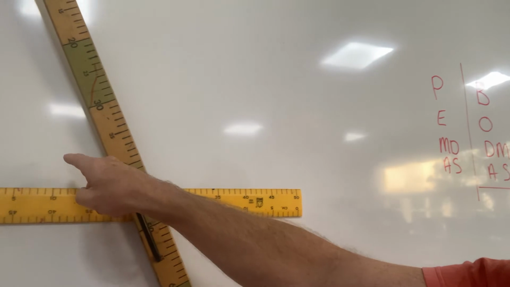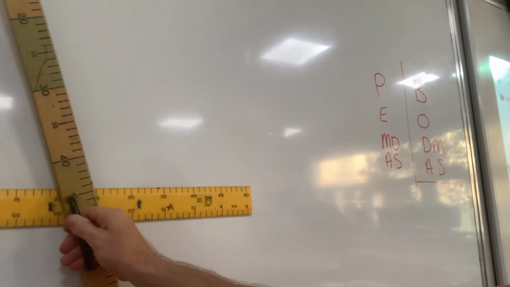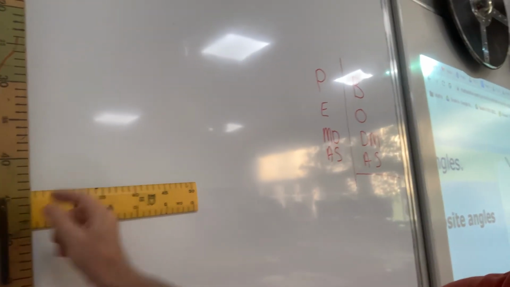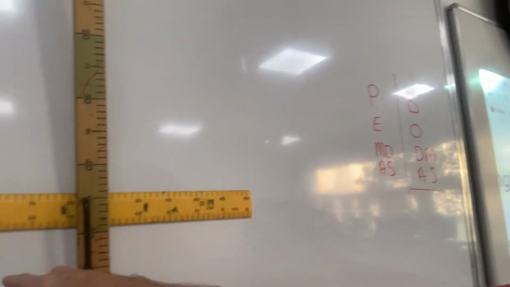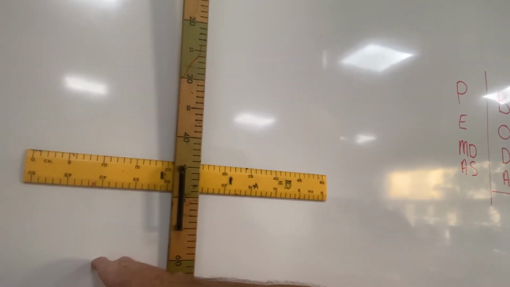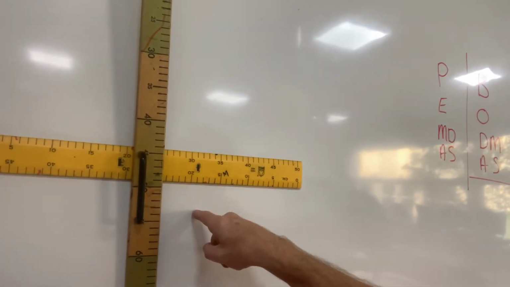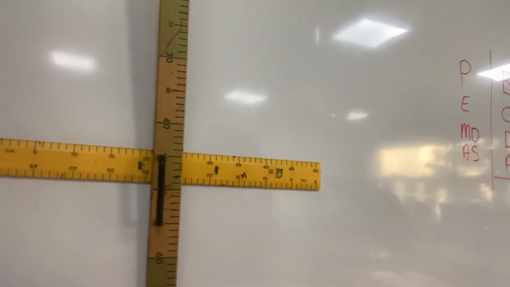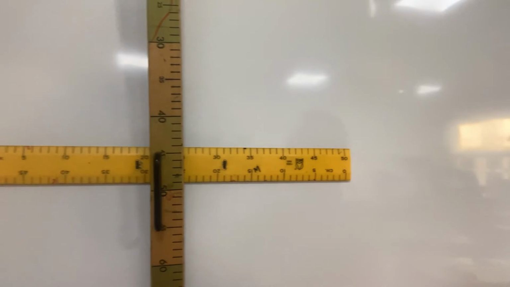And this angle here will equal this one. If this angle here is 90 degrees, vertically opposite, this angle here would be 90 degrees. And this angle here would be 90 degrees. And this angle here would be 90 degrees. I know that because angles add up to 360 degrees.